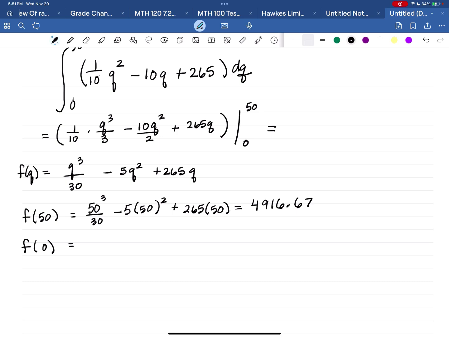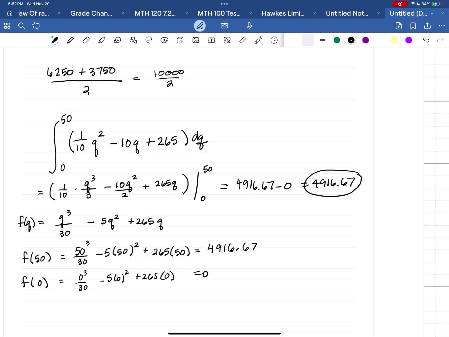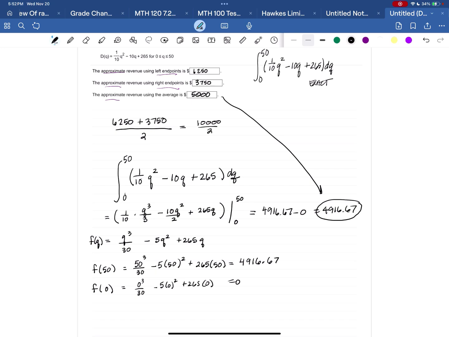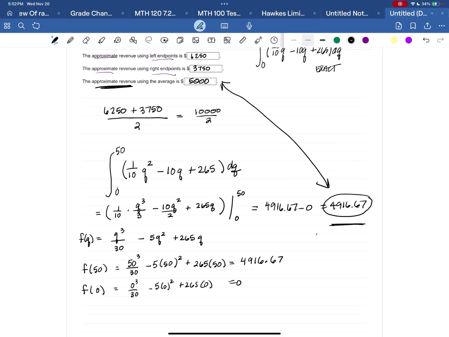And F of 0 is, look, it's going to be 0 cubed over 30 minus 5 times 0 squared plus 265 times 0, so 0. So it's 4916.67 minus 0 is 4916.67. That's the exact amount versus, remember what we got? We got 5,000. Okay? This is an approximate revenue, and this is the revenue from 0 to 50.